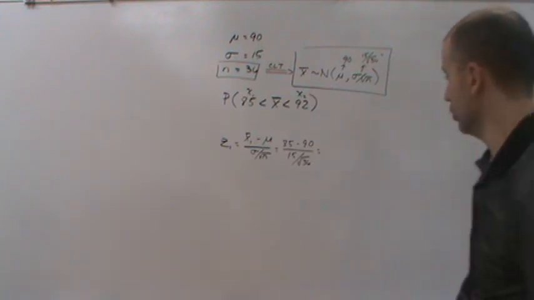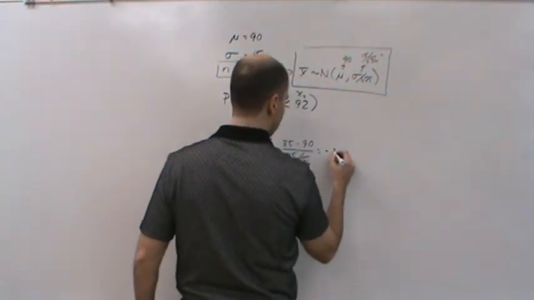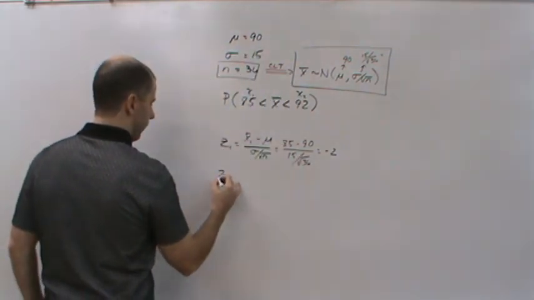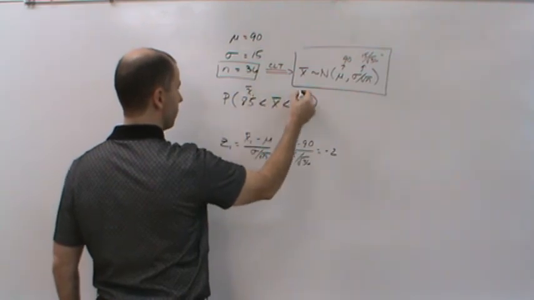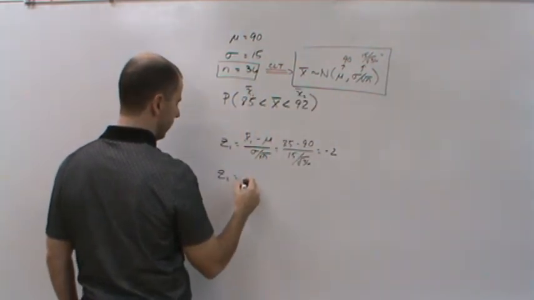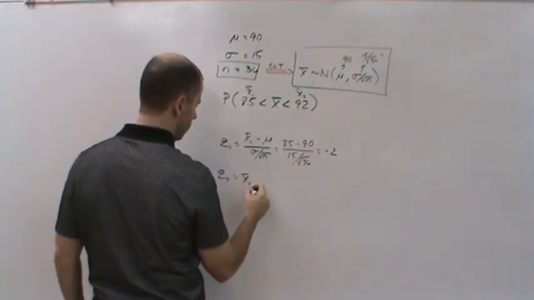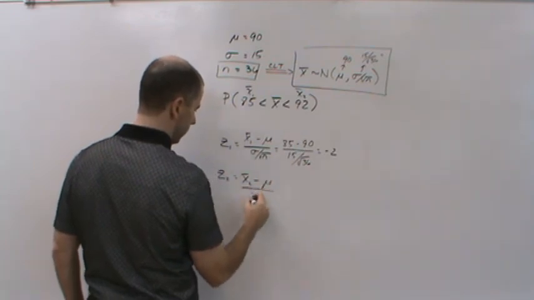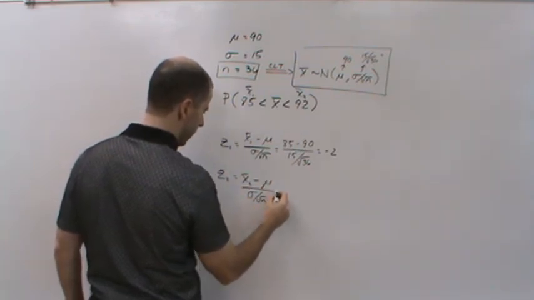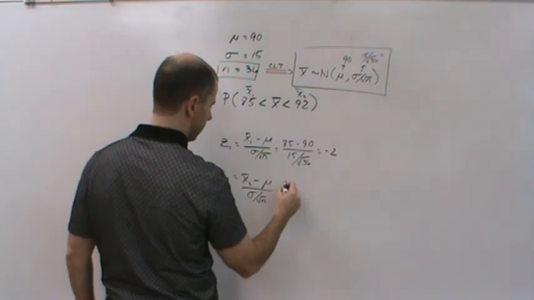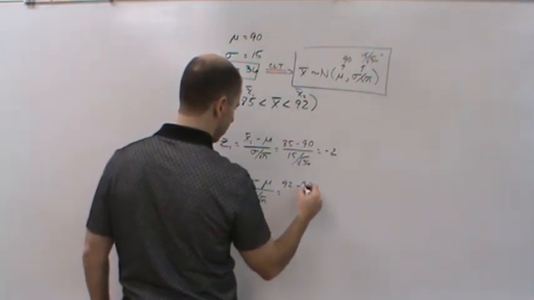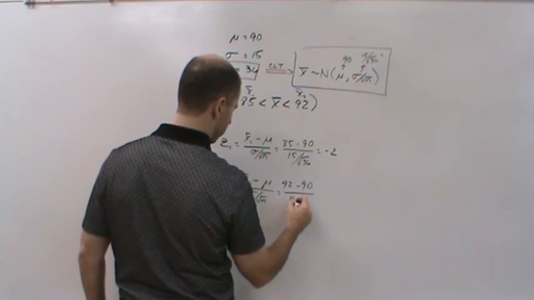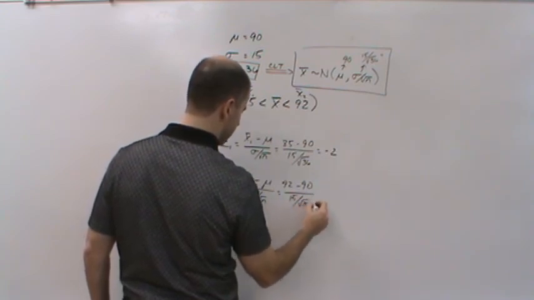I get -2. And z2 is going to be, oh, this is x bar, sorry. So this is going to be x bar 2 minus mu divided by sigma over the square root of n. And so we get 92 minus 90 over 15 divided by the square root of 36.